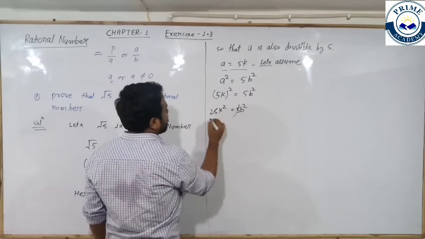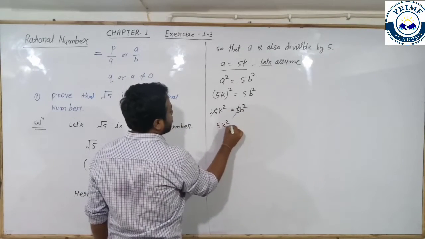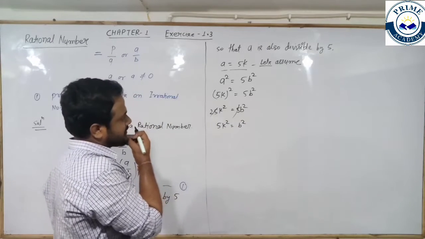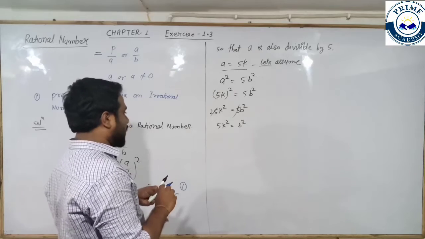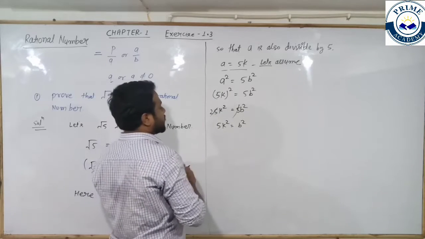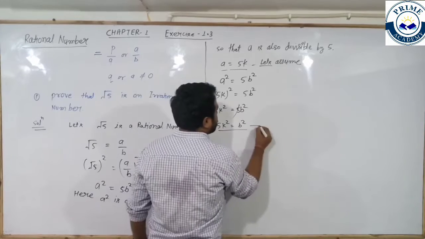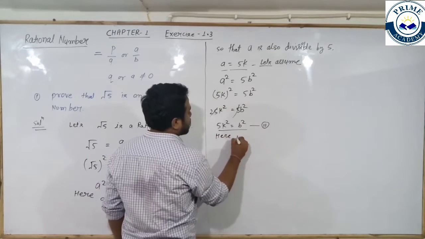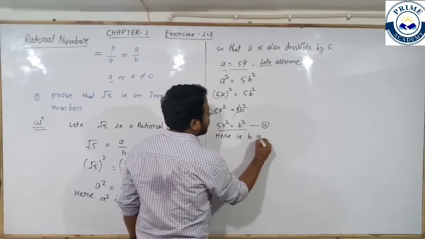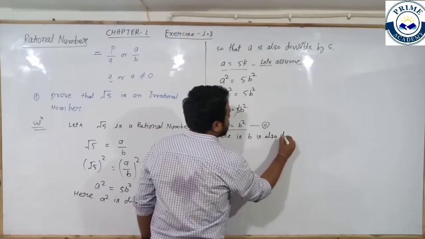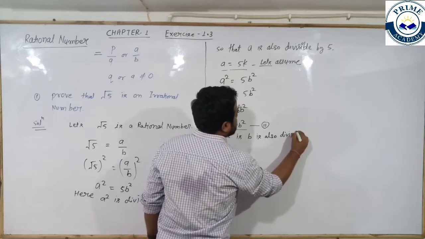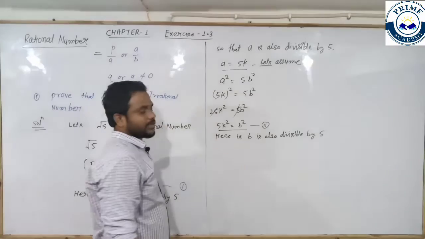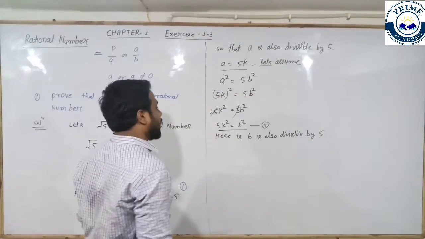So 5 will cancel out. You will get 5k square equals b square. So again, from this equation number 2, b is also divisible by 5.